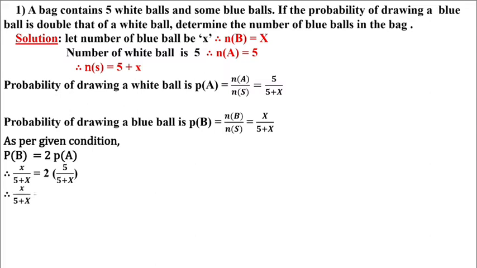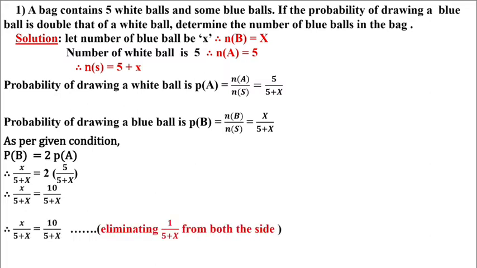Now 2 multiplied by 5 we get 10 upon 5 plus x. So the denominator is the same. By cancelling on both sides, 1 upon 5 plus x, what do we get? x equals 10. It means there are 10 blue balls in the bag.